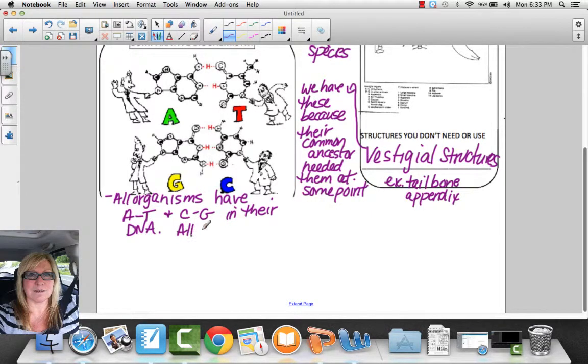Also, all organisms have the elements phosphorus, nitrogen, oxygen, carbon, and hydrogen.